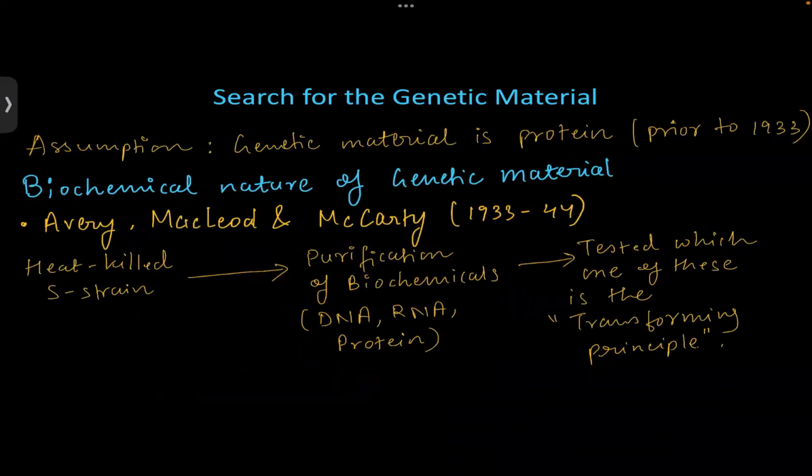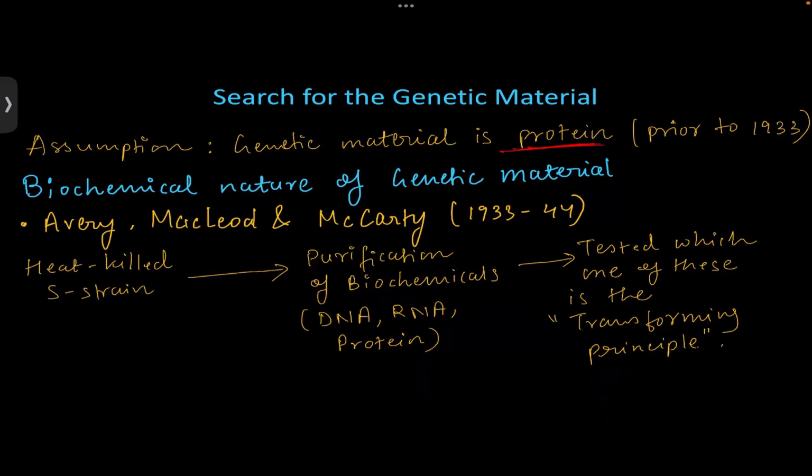After Griffith's experiment, there was an assumption by the biologists at that time that genetic material is in fact a protein. But this was proven wrong 2 times actually. The first time, biologists didn't believe that it is true. With the second experiment, they couldn't argue anything and they had to accept that protein is not the genetic material.